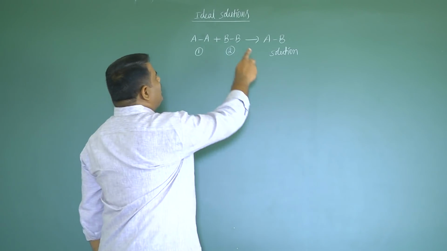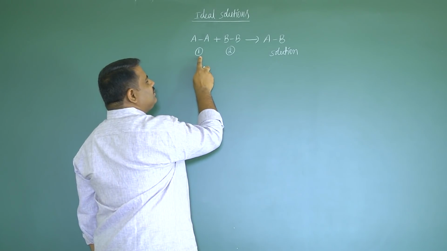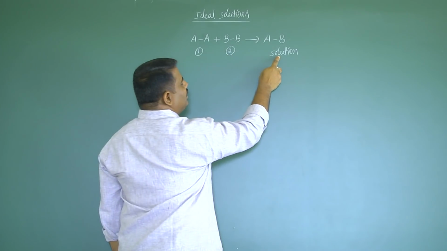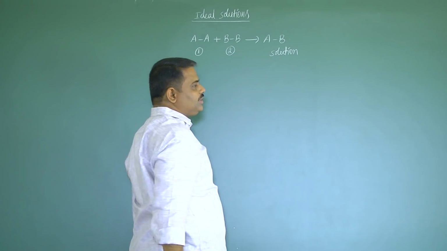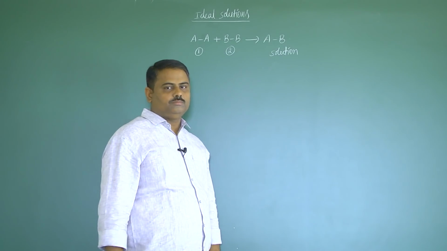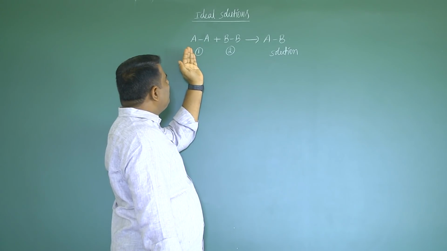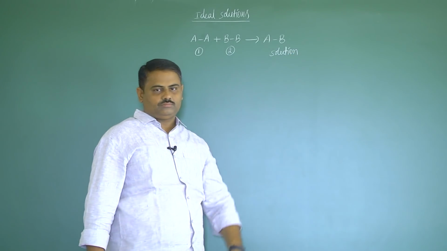In any given ideal solution, the interactions in pure components are equal to the interactions present between both the components in the given solution. I will repeat, the types of interactions are similar between individual components and the solution.